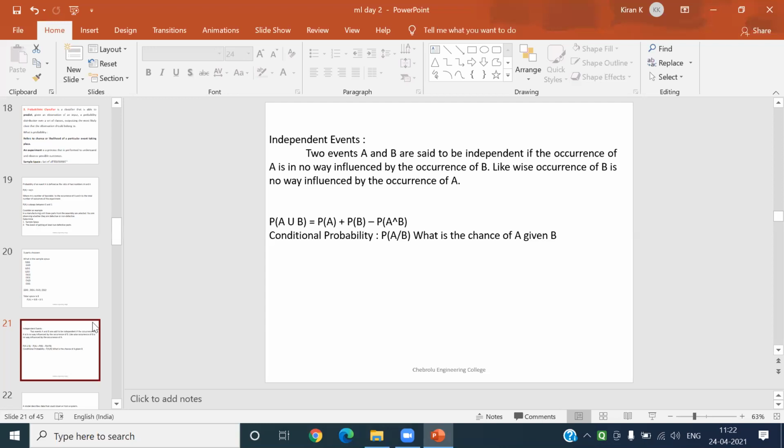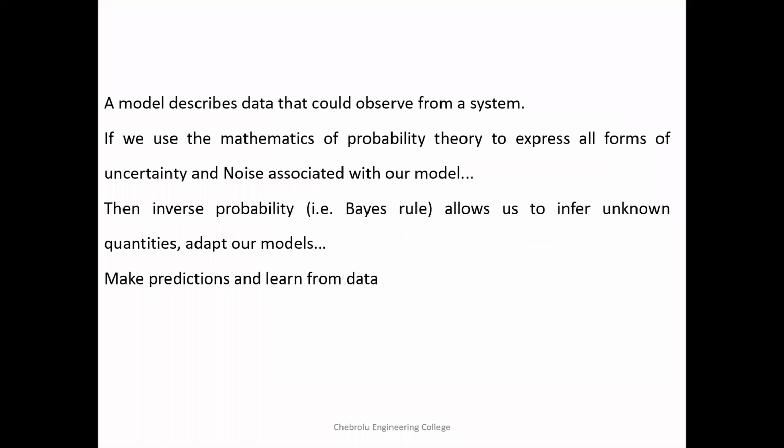Now, in the same way, what do you mean by Bayes theorem? Bayes rule. A model describes data that could be observed from a system. So our intention of machine learning is to observe the data, to describe the given data with a summary which gives you a better idea to take a decision.